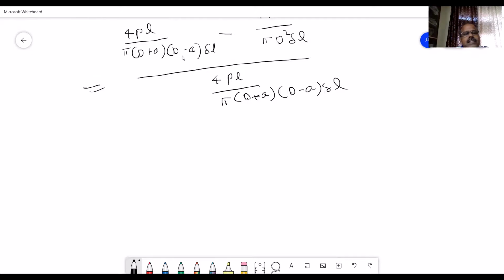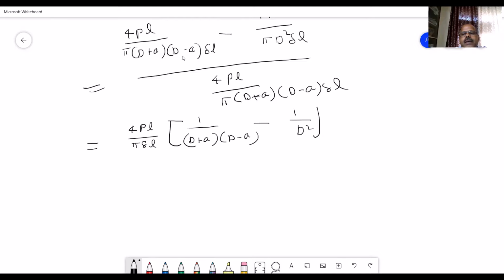That may be easy for the minimization. In the numerator I get 1 upon D plus A into D minus A, minus 1 divided by D square.